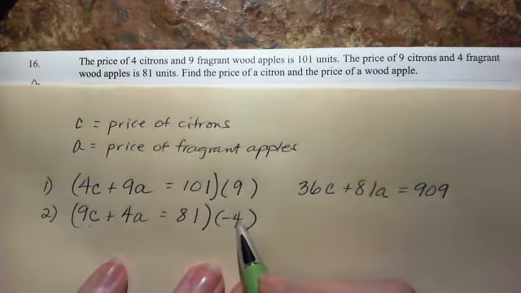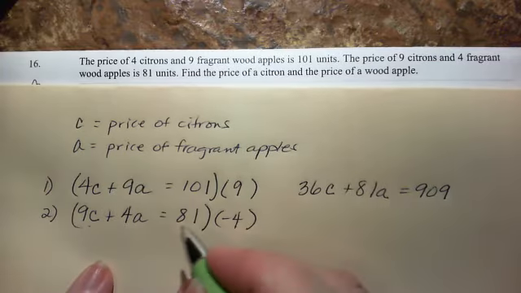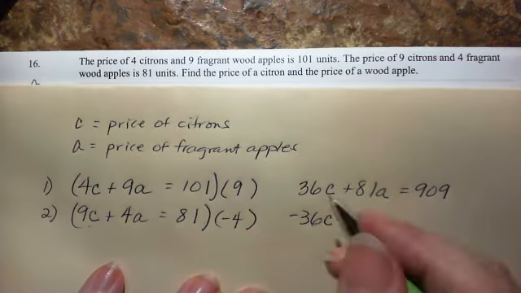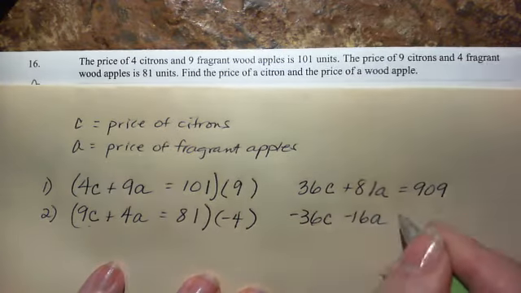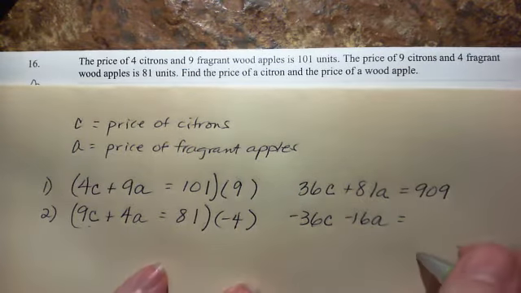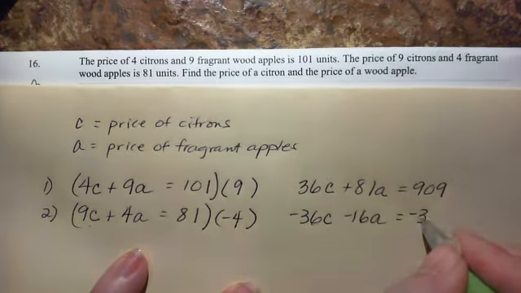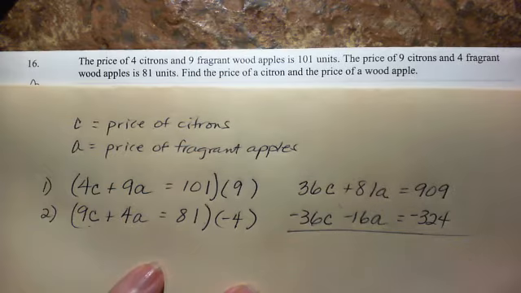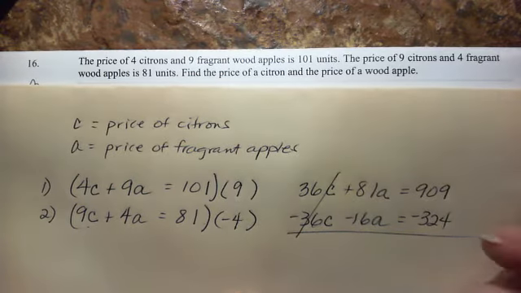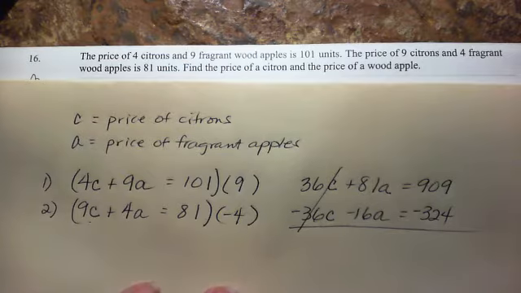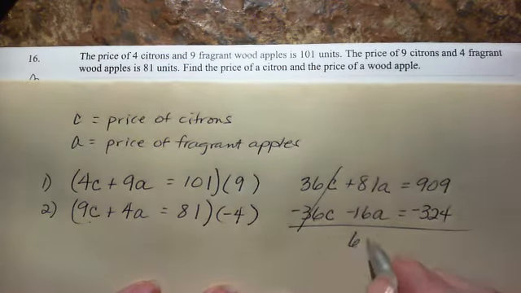And then the second equation multiplied by negative 4 becomes negative 36C minus 16A is equal to negative 324. And remember we did that to cancel the C's. So we total our A's now. 81 minus 16A gives us 65A.